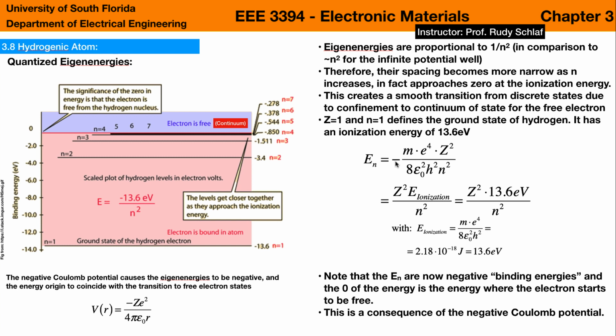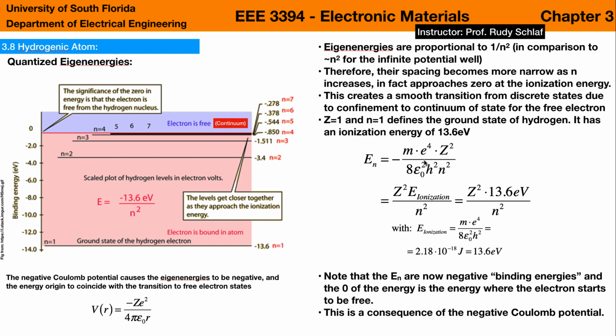If we look at the formula of the eigenenergies, we see that they are proportional to 1 over n squared. And so it's clear if we go to high n levels or we let n go to infinity, then the energy becomes 0. So we're getting real close to the continuum of the free electron. And also here is the minus sign that accounts for this energy scale.